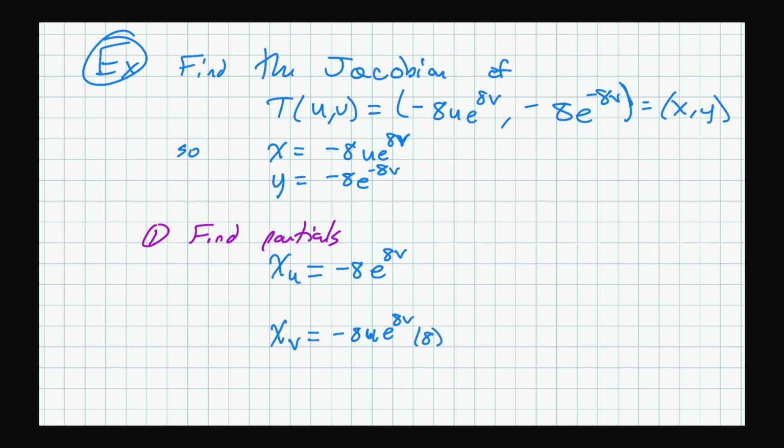Now do the same thing for y. Y sub u is the derivative of y with respect to u. There is no u, so that's 0. And then you need partial of y with respect to v. There is a v, that's going to be negative 8 e to the negative 8v times the derivative of negative 8v, which is negative 8. Okay, so you find your partials.